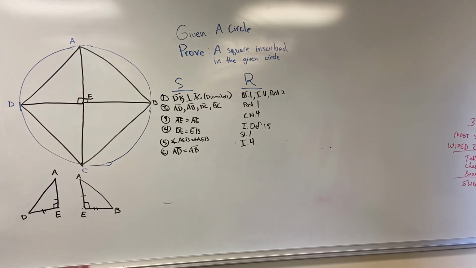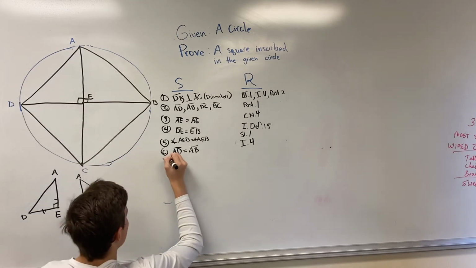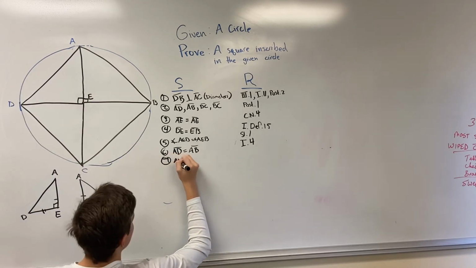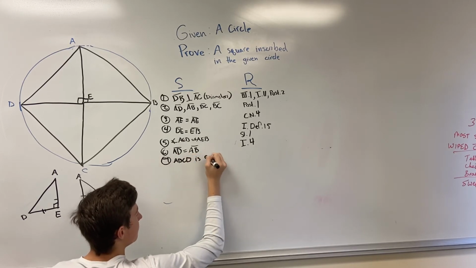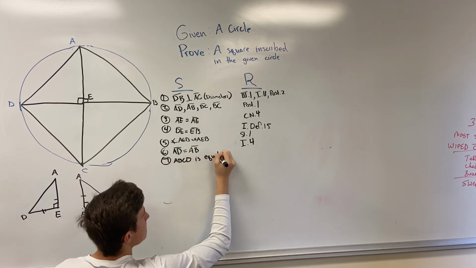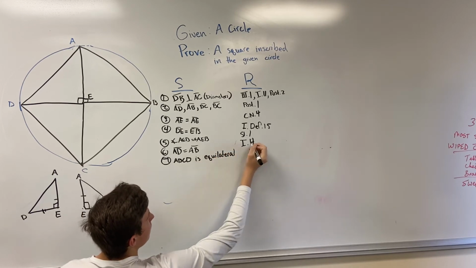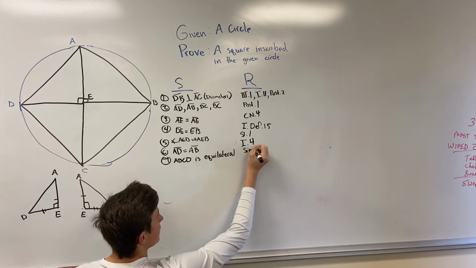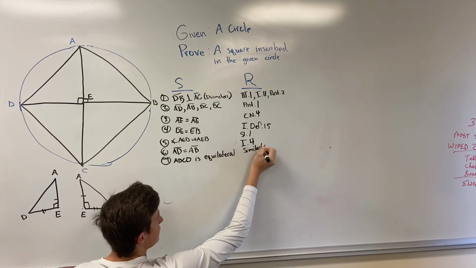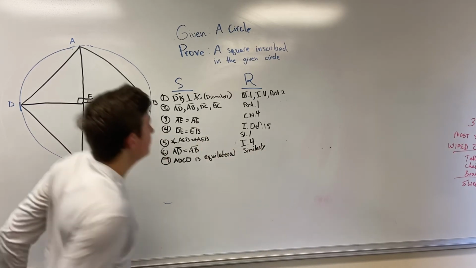But I'm just going to skip all of that and say that ABCD is equilateral. And for my reason, I'm just going to say similarly, because you would use the exact same steps as you used to prove that that was equal.